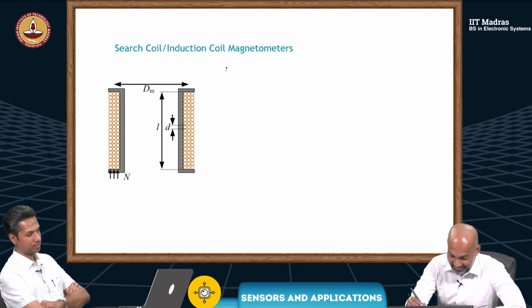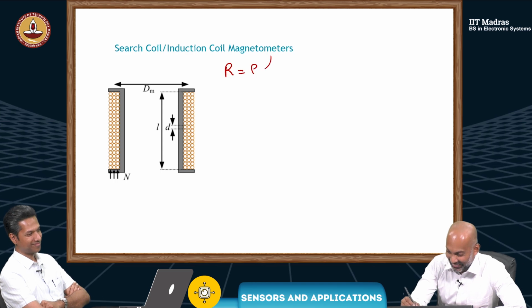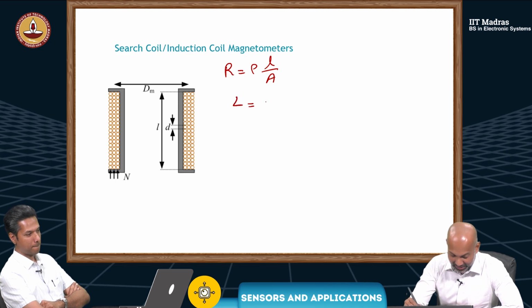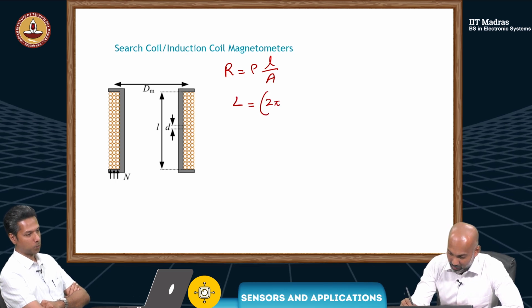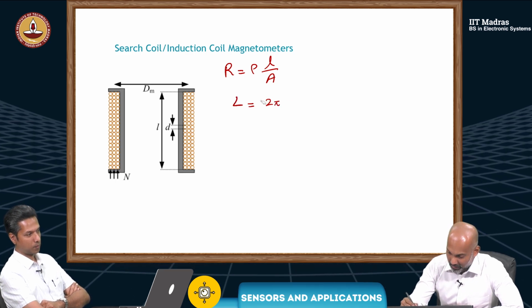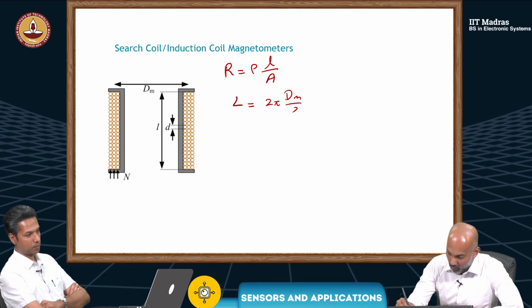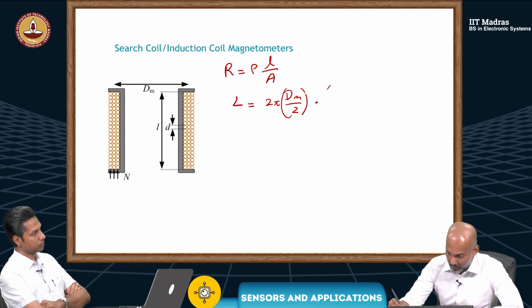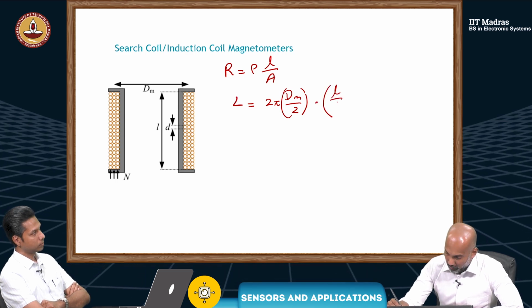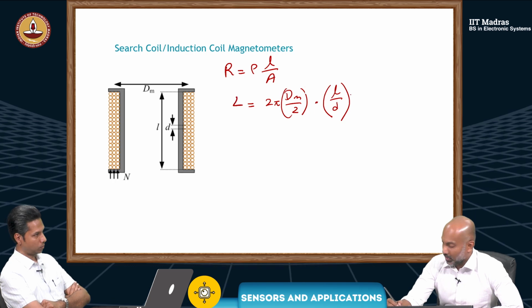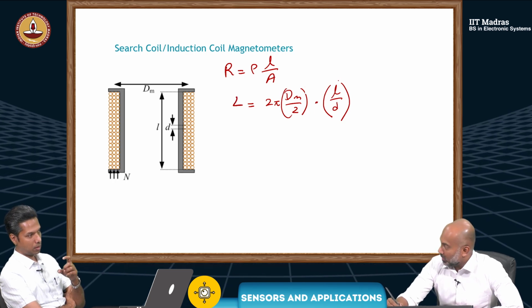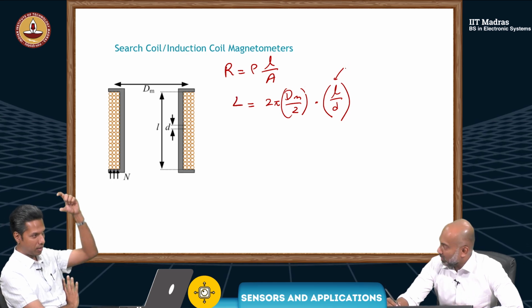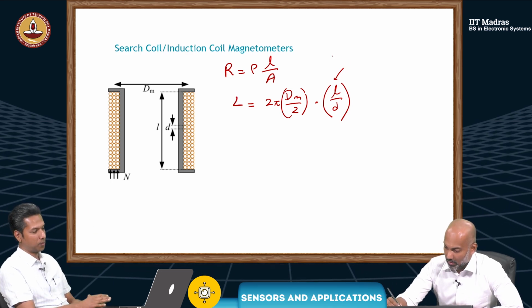So we said rho L over A. We said L is equal to 2 pi dm/2, times L over D, which is the number of wires in one row.